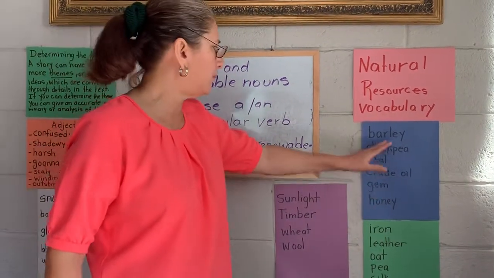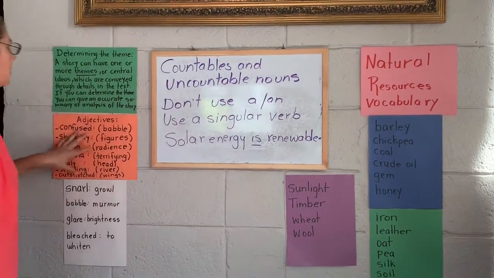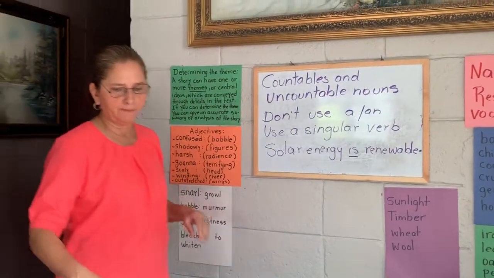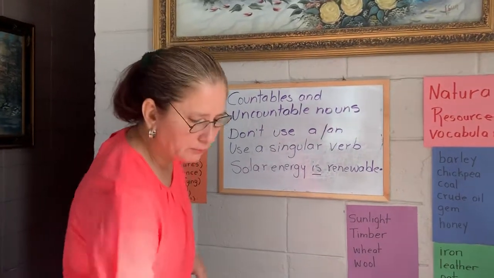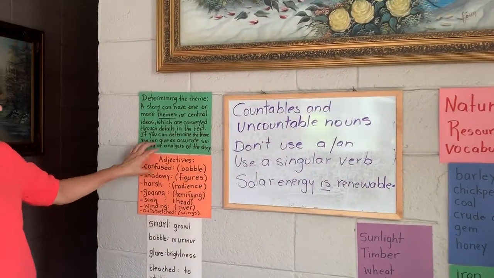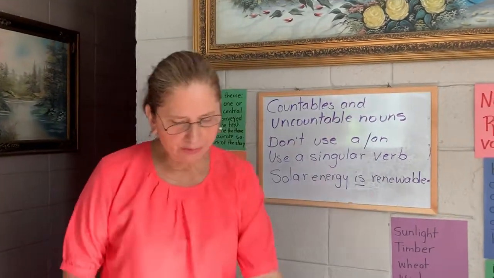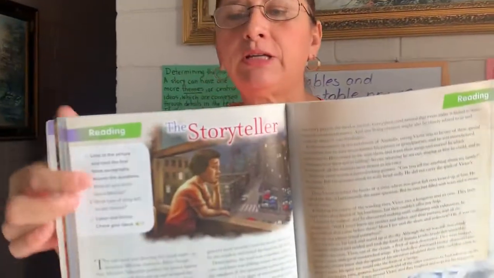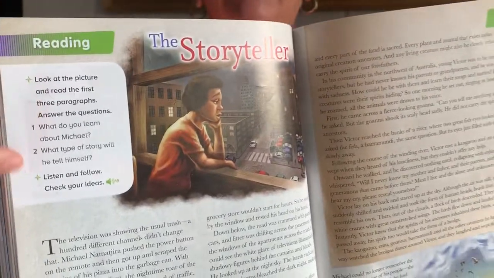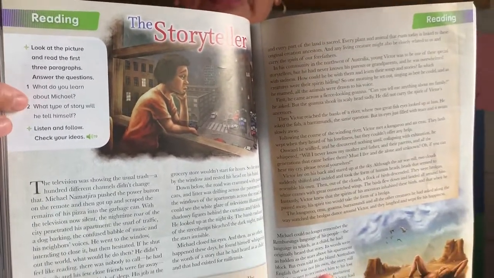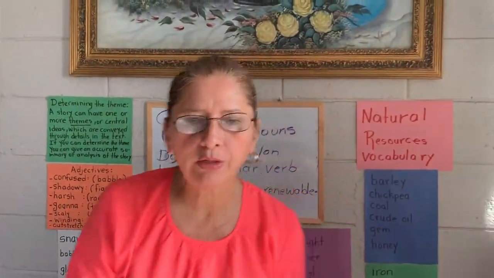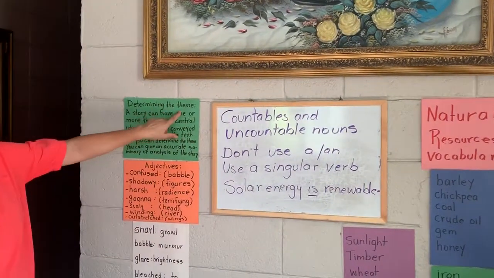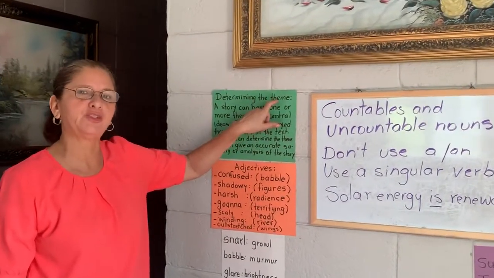You have looked at the meaning for them, okay? And here, this is another topic I want to discuss with you. It's about reading. In reading, there is a story, look. The Storyteller is the story we are going to analyze today. In this story, we are going to determine the theme of the story.